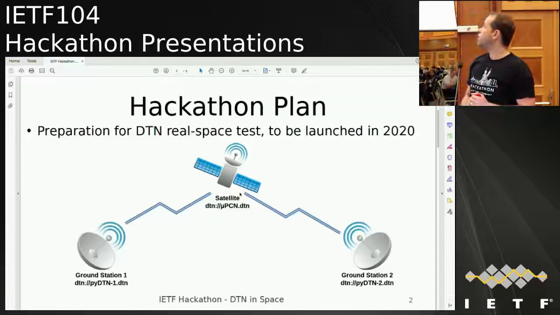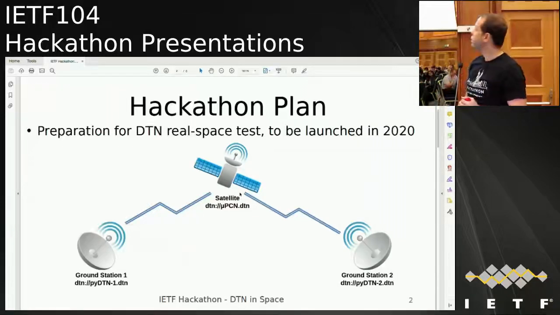So what we are doing actually is the preparation for the DTN real space test, which is to be launched in 2020. In 2020, there's going to be a satellite, hopefully running the micro-PCN implementation of the DTN protocol. What we are planning to do is that ground station 1 will measure some sensory data, for example, temperature. It will encode it into the bundle, and at some point there will be a line of sight with a satellite.